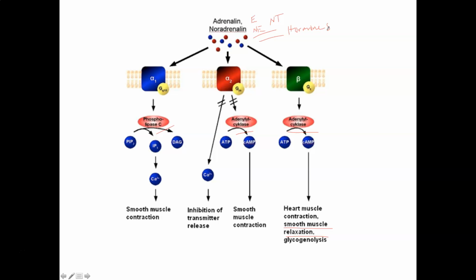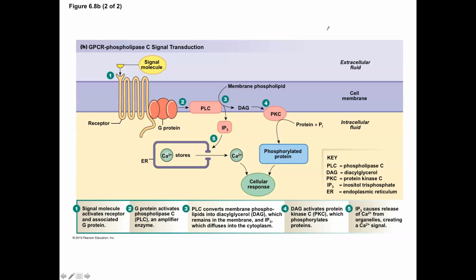Another cellular mechanism of action is the phospholipase C mechanism. So PLC for short. And the phospholipase C mechanism is also a GPCR. It's also a G protein coupled receptor mechanism.